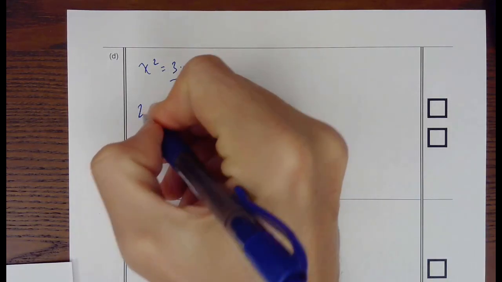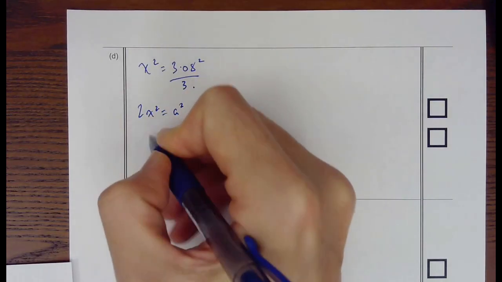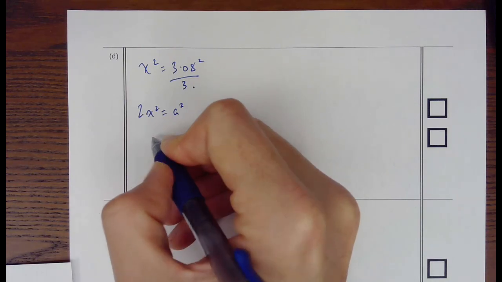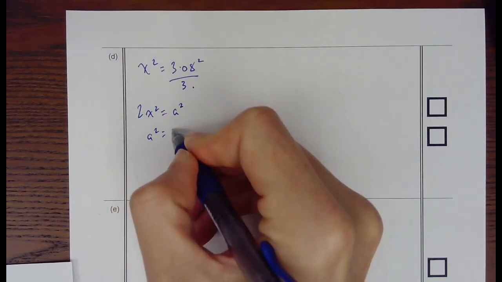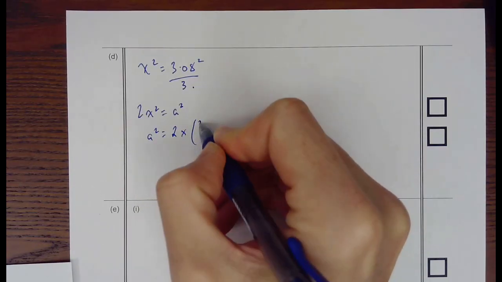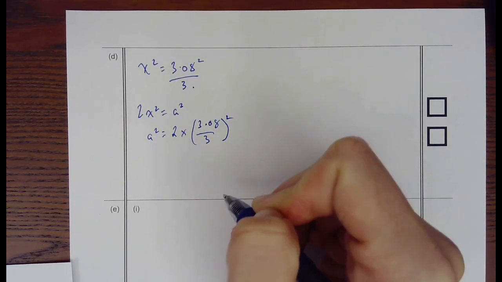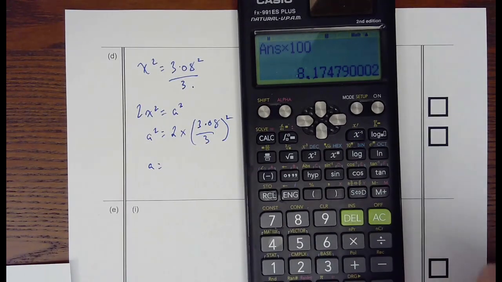But I know that 2x squared equals a squared. So, what do I do? Let's say we're going to get a squared equals 2 times 3.08 over 3 squared. So a, I should be able to find.